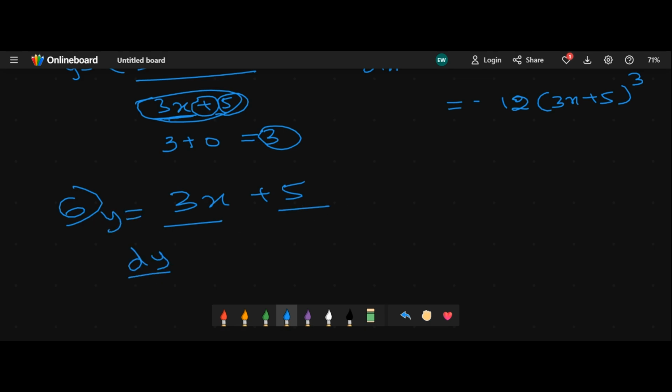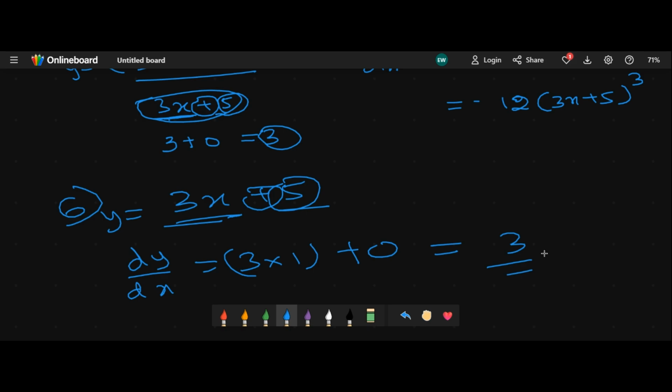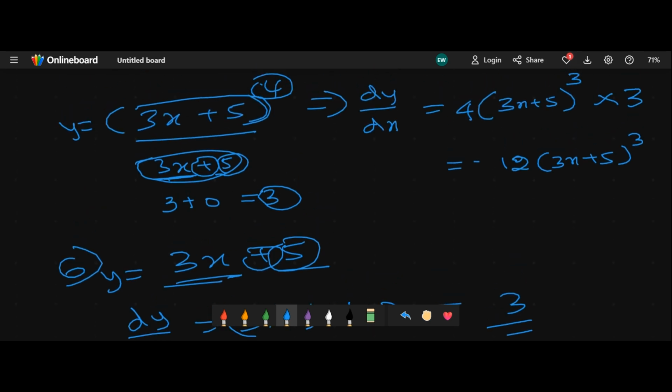If two terms are getting added or subtracted, you can differentiate individually. So dy over dx: if you differentiate 3x, it is 3 times 1, which is 3. Plus, if you differentiate a number, it is equal to 0. So 3 plus 0 is 3. That is what we have done here.